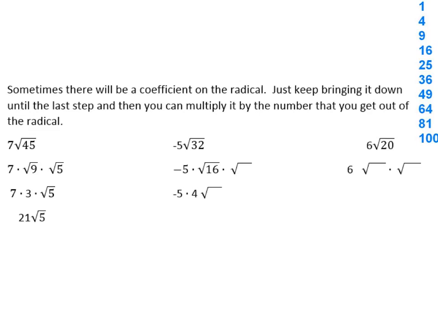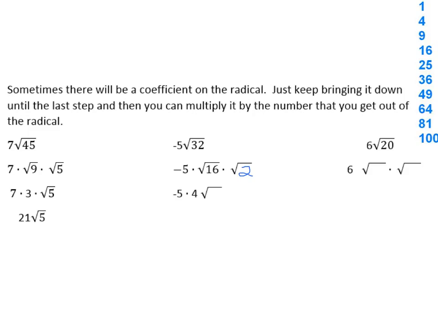Okay, let's try one where we have to do a little bit of the work. So here's this negative 5 square root of 32. If you look at this, I just bring the negative 5 on down. There's that 32, remember you break that down with a 16, not a 4, but a 16, and that would be what? 16 times 2.